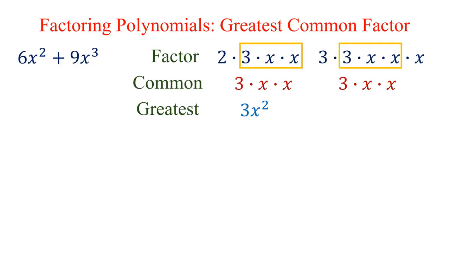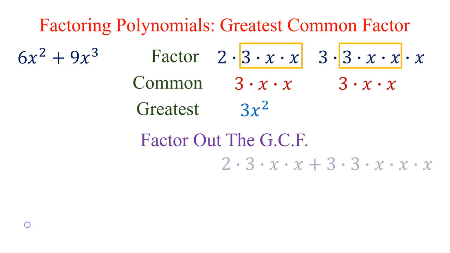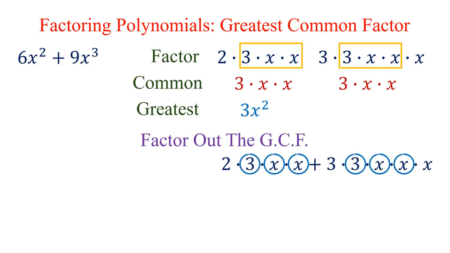So now that we've found a way to get our greatest common factor, it's now time to factor out the GCF, which essentially says we'll remove the 3x squared from each of the terms and see what's left over. So there's our original problem in factored form. Right now we know that the 3x squared is what is common. So that's what's going to be factored out.